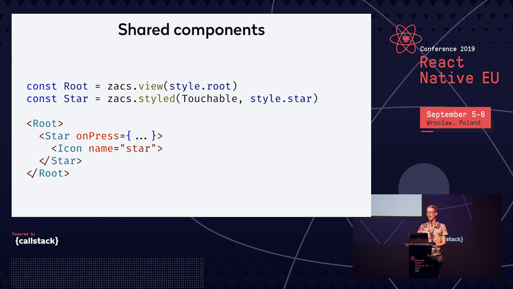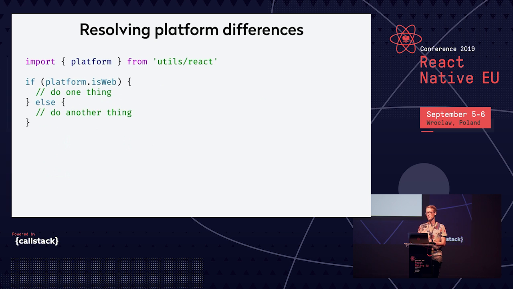Of course, there will still be platform differences, and you'll have to resolve them. And there are many approaches of how to do this. The first one, the simplest one, is to just if-else it. So React Native has this Platform export, and we do the same thing, except it has isWeb and isNative as well.